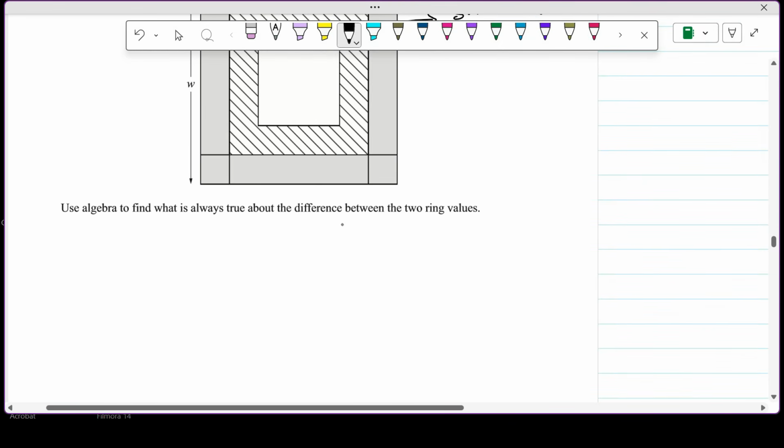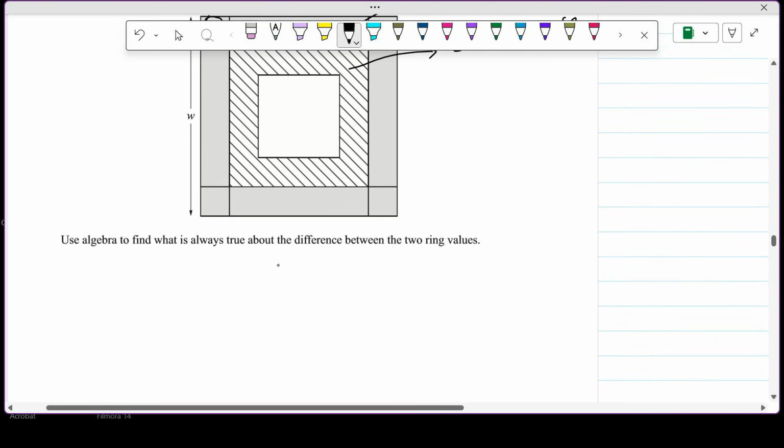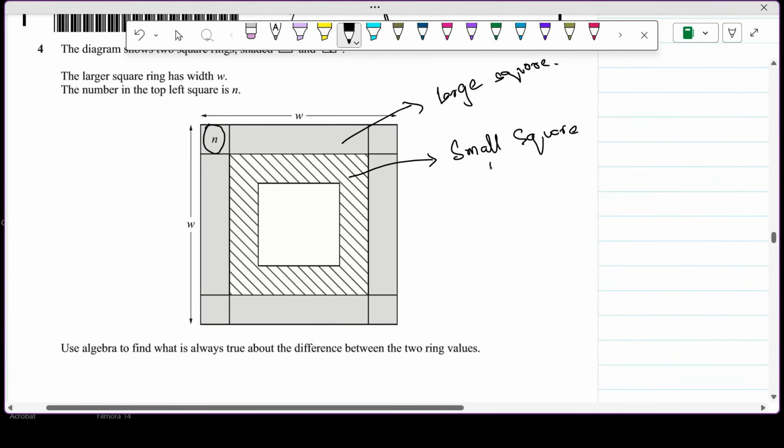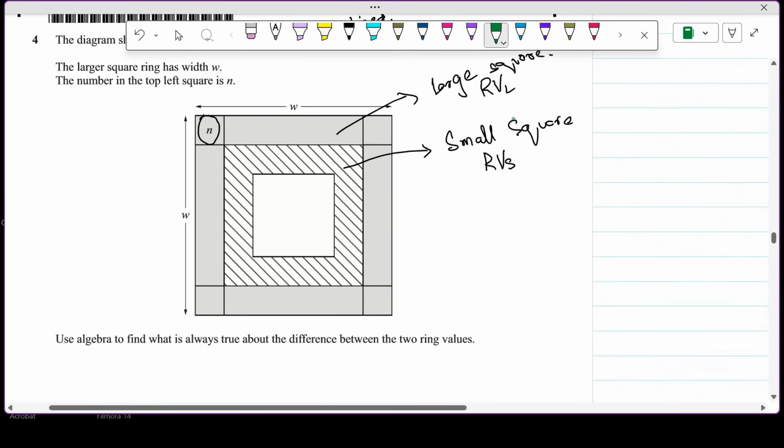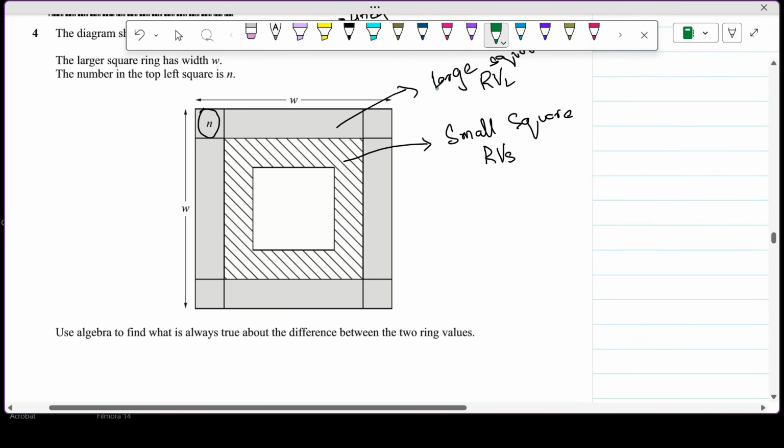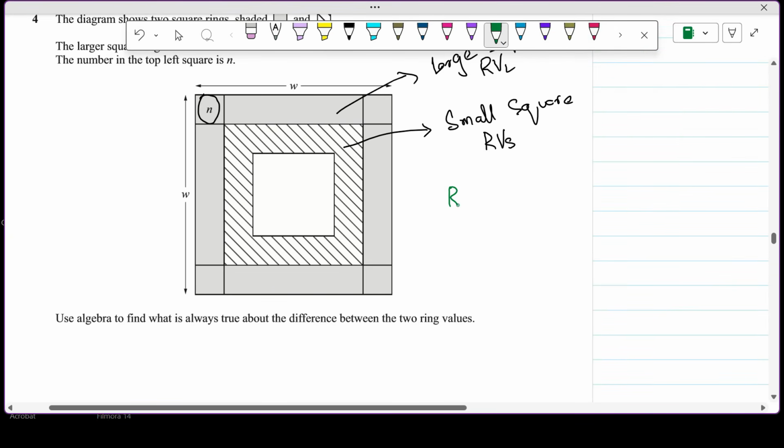We need to find the difference of the ring value for these two squares. So I will call it ring value S and this one ring value L. Now we need to find the ring value L, which is the ring value of the large square, minus the ring value of the small square. So this is the difference we need.